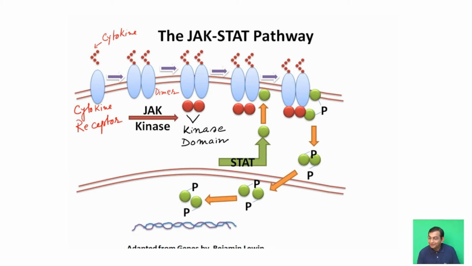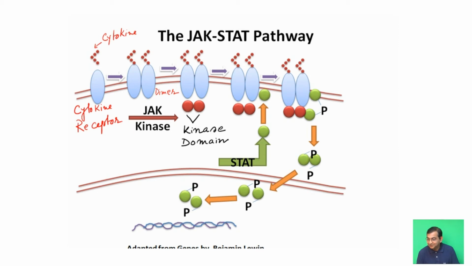That is called the JAK-STAT pathway. In this figure, there is a cytokine receptor where a cytokine binds. When a cytokine binds, dimer formation of the cytokine receptor occurs. After dimerization, another kinase, called JAK kinase or Janus kinase, comes in.